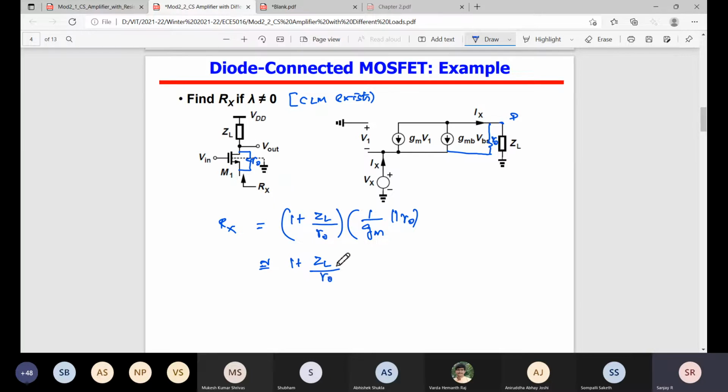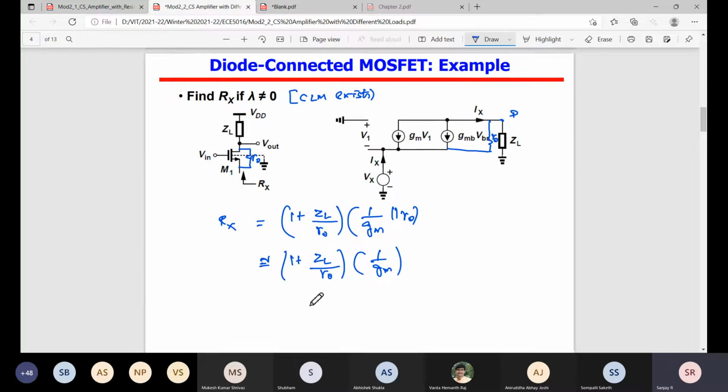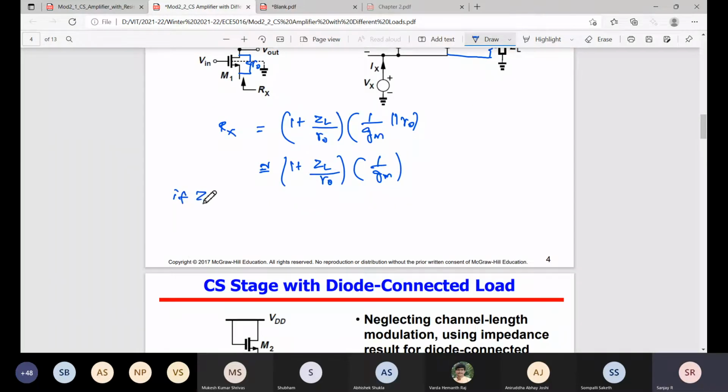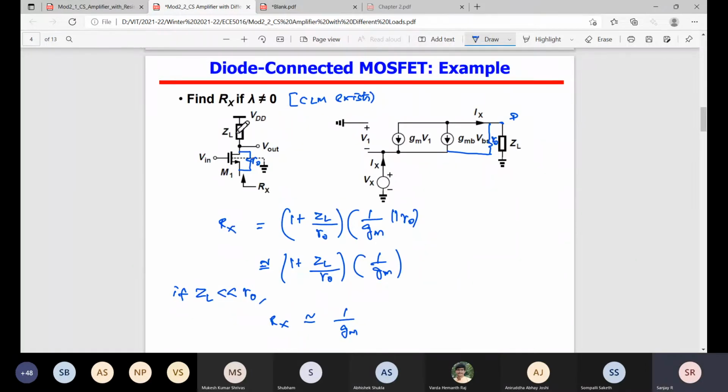If ZL is very, very less than r0, then Rx I can approximate as 1 by gm. So practically, if the load resistance is very much lesser than the channel length modulation resistance, the resistance is still 1 by gm. If ZL becomes higher, the expression will be different.